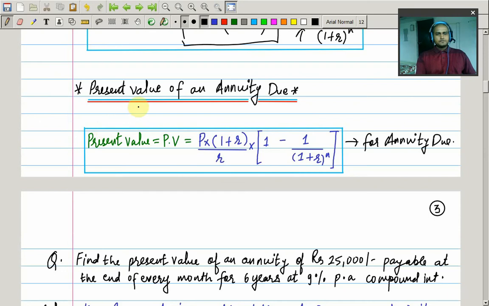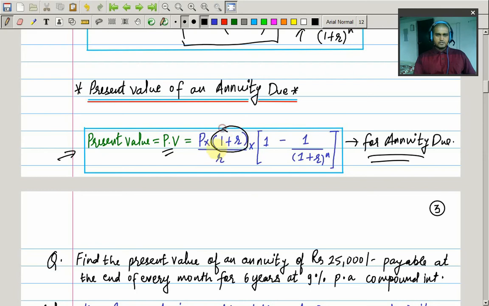So finally, the present value of an annuity due is this PV. This is for annuity due when I want installments in the beginning. So this is the difference.